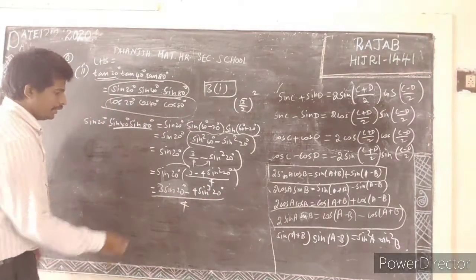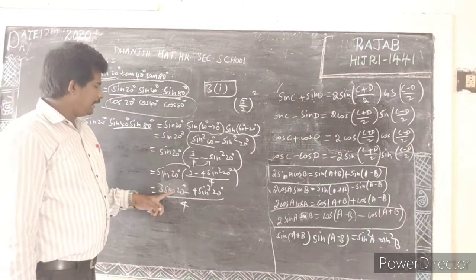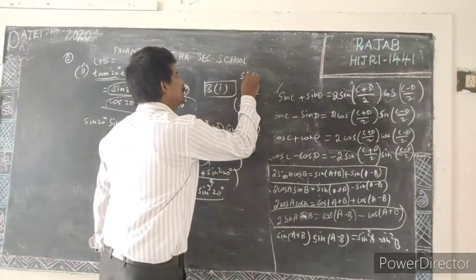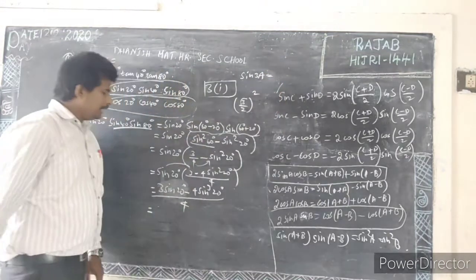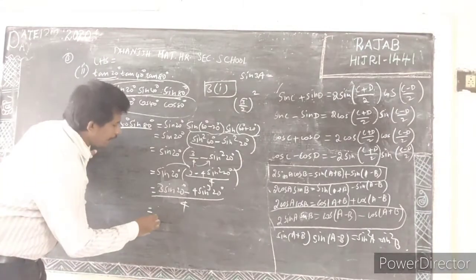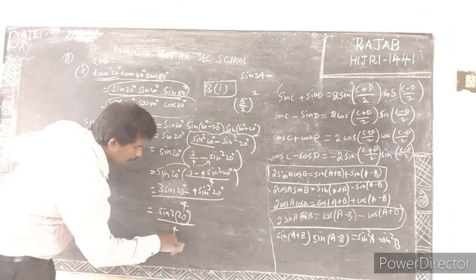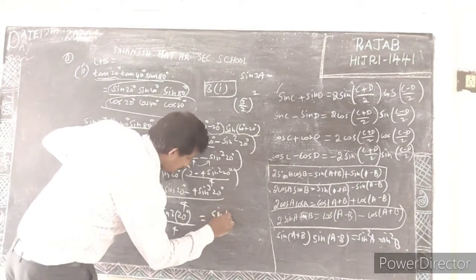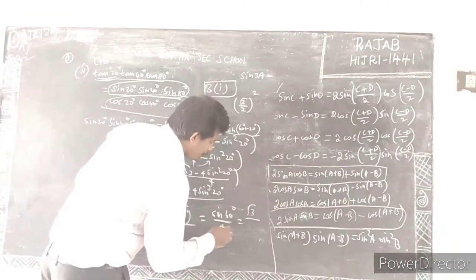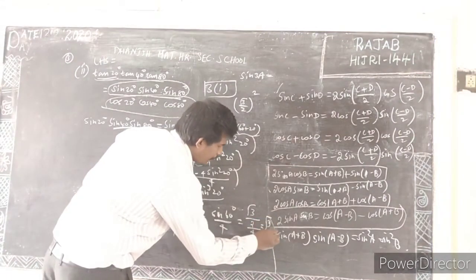So this is equal to, look at the numerator, this is the form of 3 sin A minus 4 sin cube A equal to sin 3A. There is one more formula, sin 3A equal to 3 sin A minus 4 sin cube A. By using that, we can write sin 3A, sin 3 into A, 20 degree, by 4. So this is sin 60 degree divided by 4. So this is equal to sin 60 degree, root 3 divided by 2, divided by 4. So this is equal to root 3 by 8.